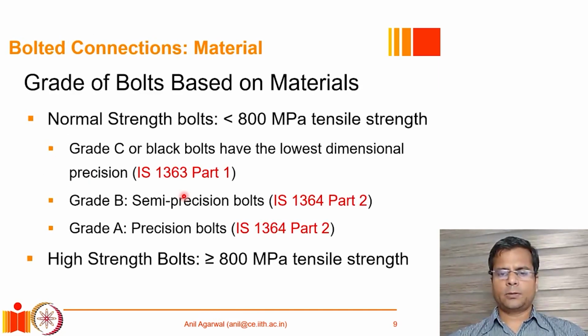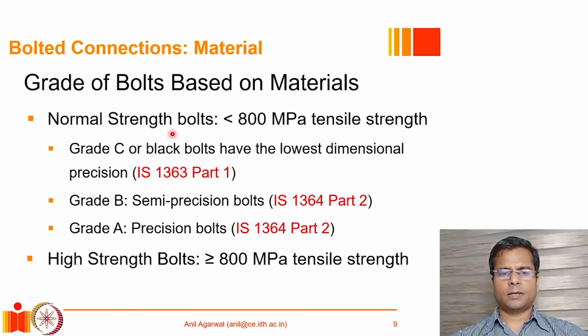Now, in addition to the dimensions of bolts, bolts can also be made of different types of steels, and these steels primarily vary in terms of strength. There are two major classifications: normal strength bolts and high strength bolts. The ones that have ultimate stress of less than 800 MPa are classified as normal strength bolts.